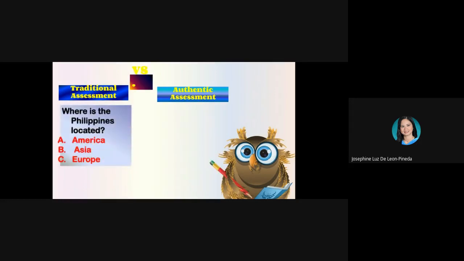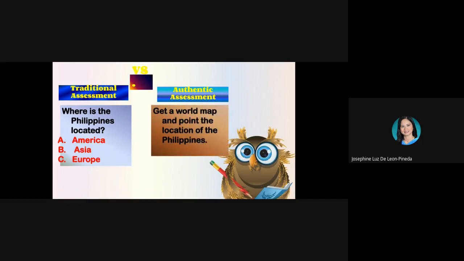In traditional assessment, this is an example of a question. Where is the Philippines located? Of course, there are options A, B, C. That is the type of question for traditional assessment. While if you have this particular objective of knowing where the Philippines is located, you can have this example of authentic assessment.